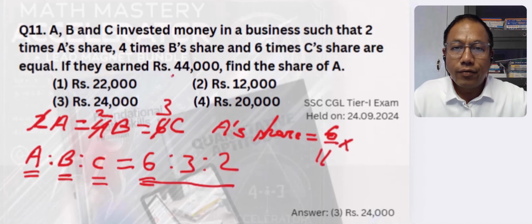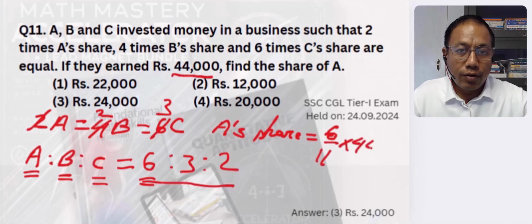The amount here is 44,000. 4, 4 with 3 zeros. 11 into 4 is 44. We have 3 zeros.